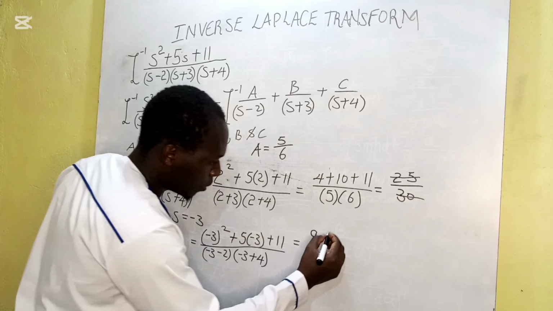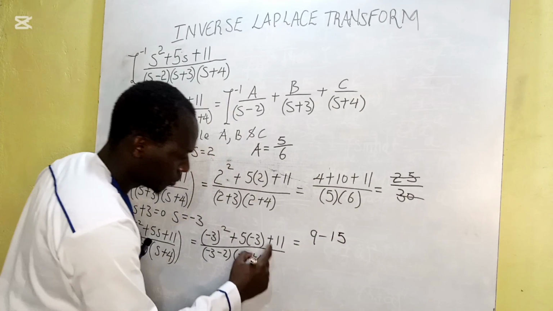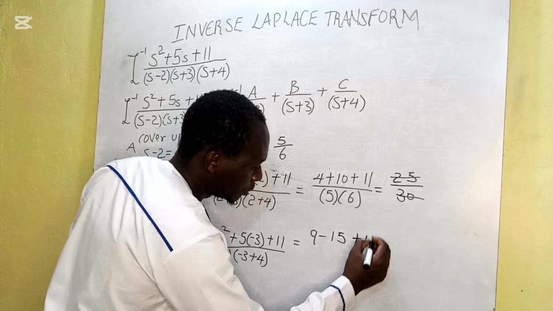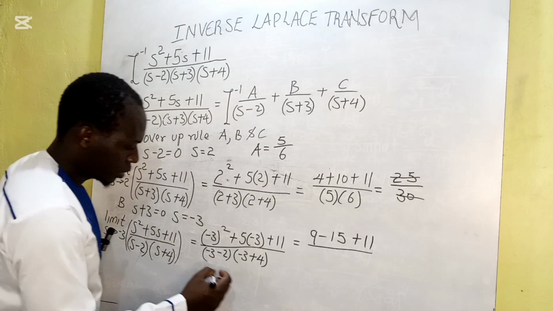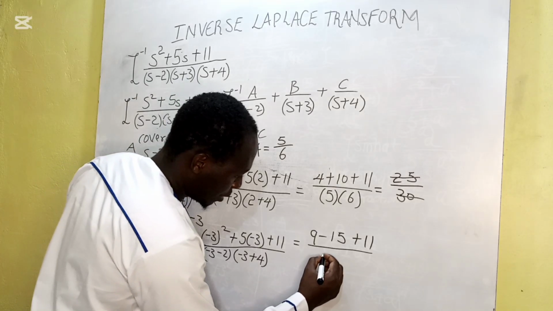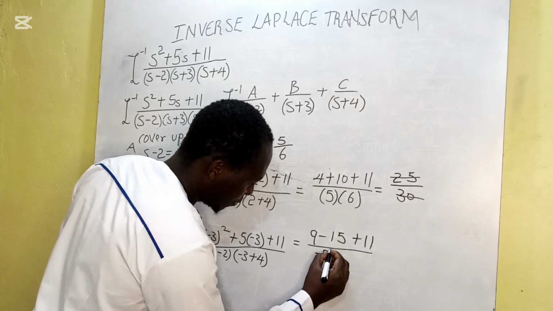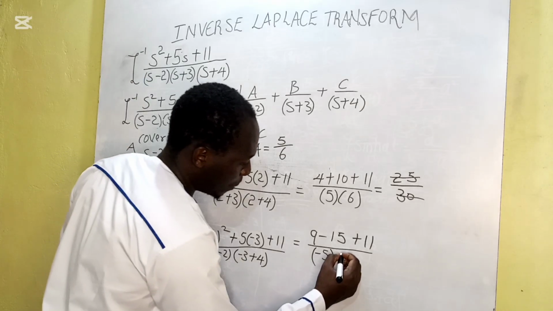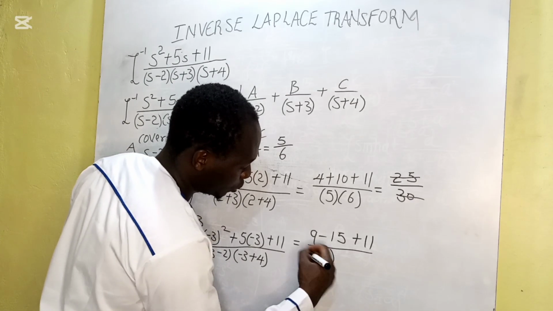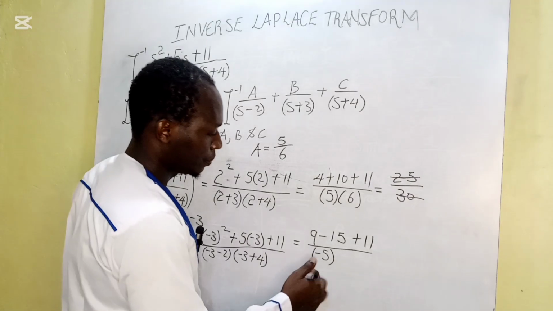We subtract from 15, we add to 11 all over negative 5. And here we are going to have a positive of 1, which is equal to just negative 5.